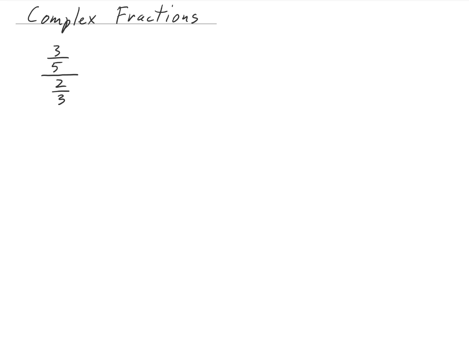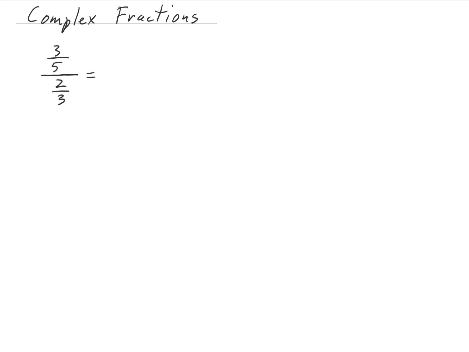I just want to say one last thing before we finish. We can shorten this process just a little bit, because let's take this complex fraction here. I can write that as a division problem, as the top divided by the bottom, right? And then I would change that division problem into a multiplication problem by keeping the fraction on the top the same and taking the reciprocal of the fraction on the bottom and multiplying them.